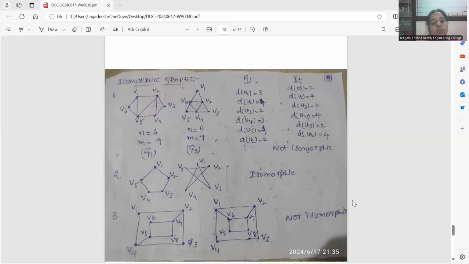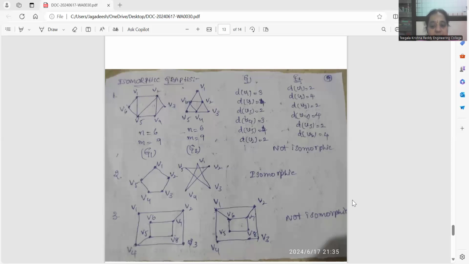So what is the third point? Adjacency should be preserved. From graph G1, I have written the degrees of all vertices. We can say that 2 vertices have degree 2, 2 vertices have degree 3, and the remaining 2 vertices have degree 4.